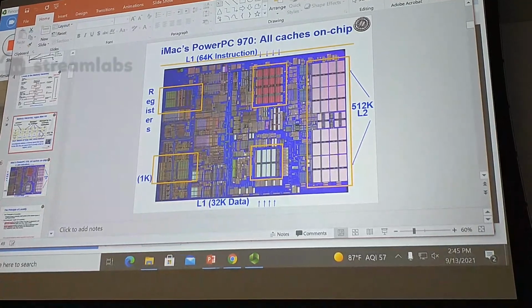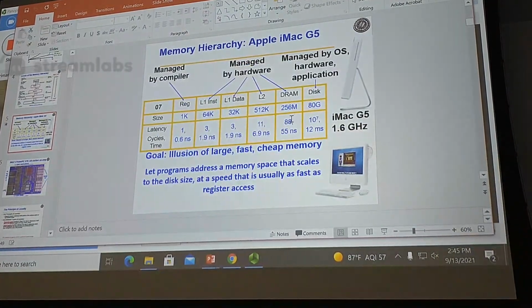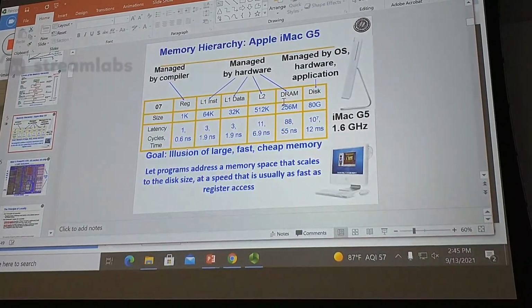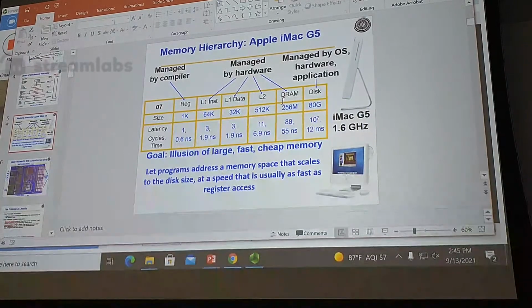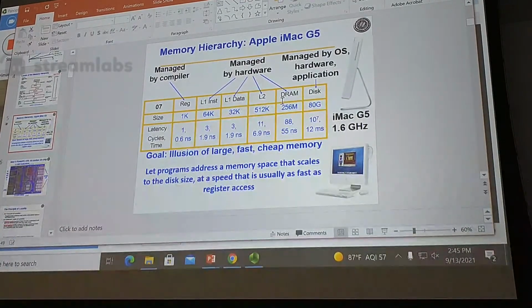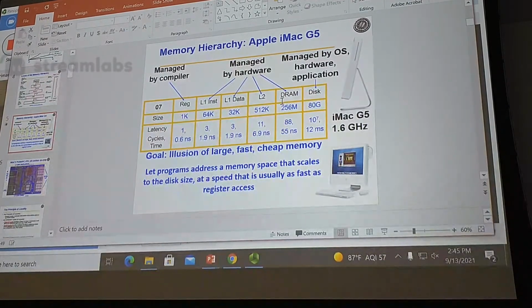DRAM is built with dynamic RAM, where each bit of data is stored in only one transistor. So it's only one transistor per cell, very dense.